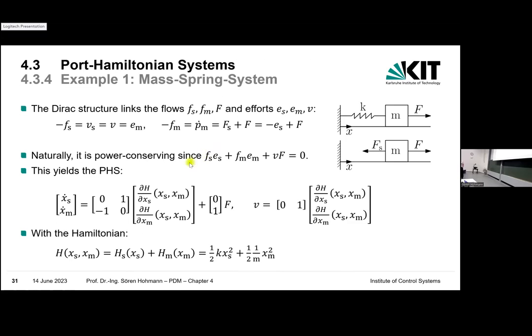If I do so and write down the Dirac structure in matrix form, I end up with exactly this one. Due to the fact that this is a very simple example, it's not implicit, it's definitely explicit. It's a very rare instance that we end up with an explicit notation. It's due to the fact that it's so simple. But we can already learn something from it.